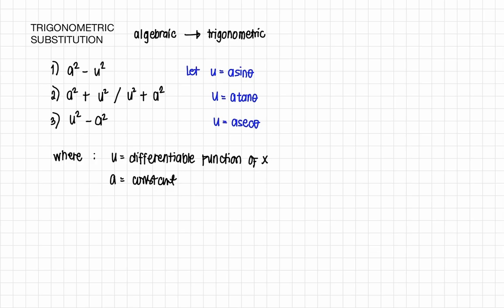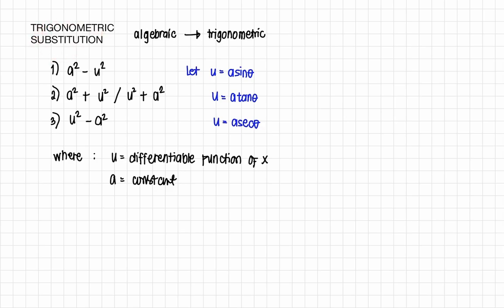So, these three patterns, if you haven't forgotten yet, are familiar to you. These are patterns that you saw in the integration formulas leading to inverse trigonometric functions. Those formulas were derived using trigonometric substitution.